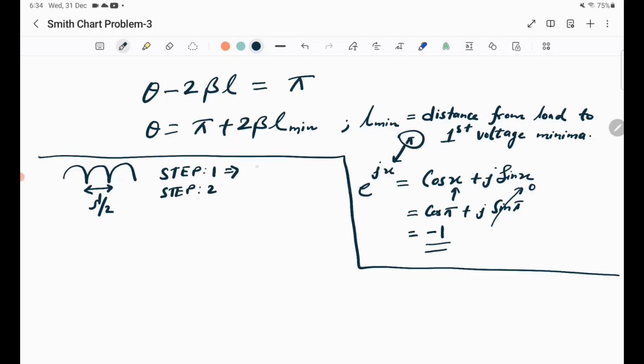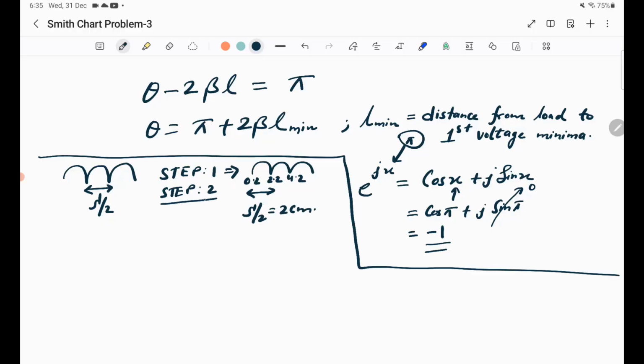So in step number 1, the voltage minima is given as 0.2, 2.2 and 4.2. So if you calculate this distance, you will find that the value of lambda by 2 is 2 centimeters.